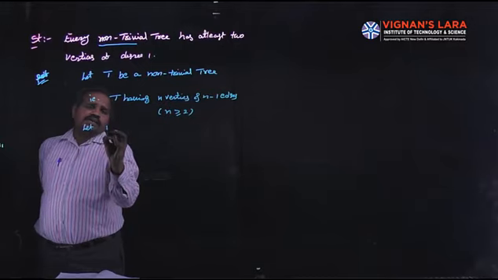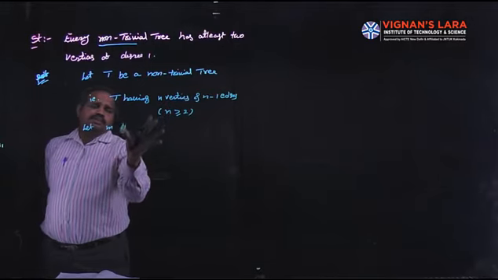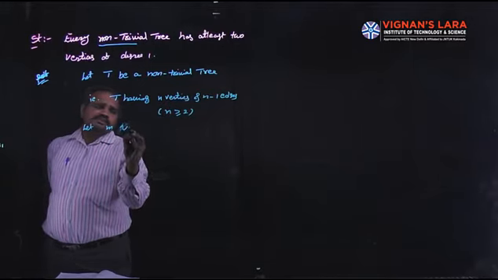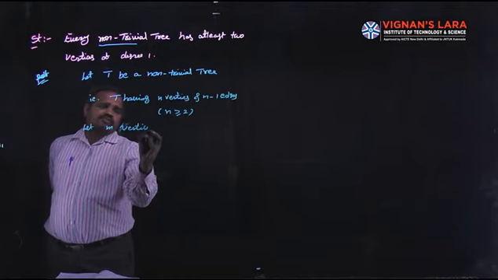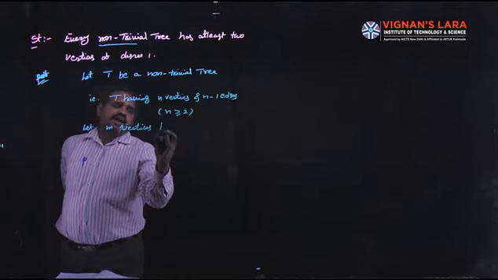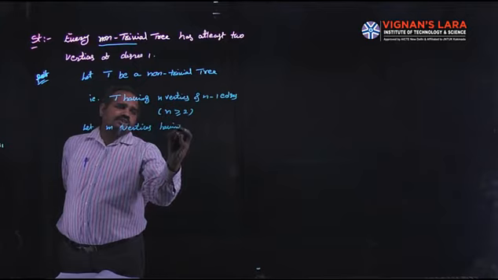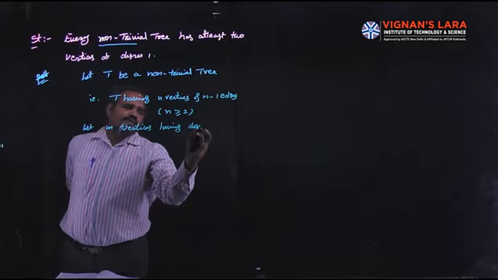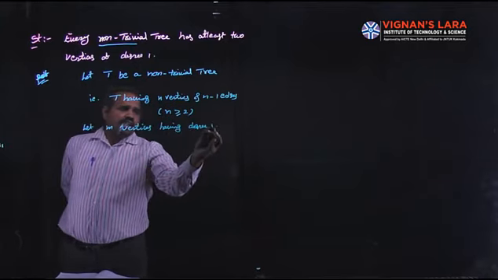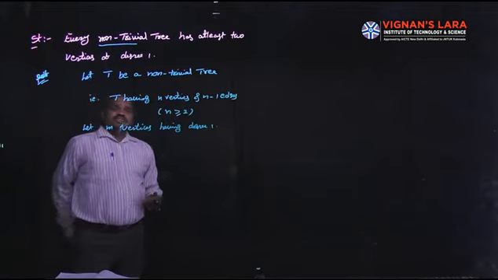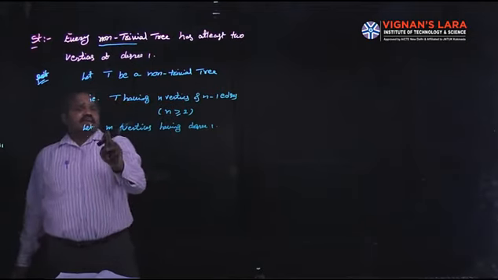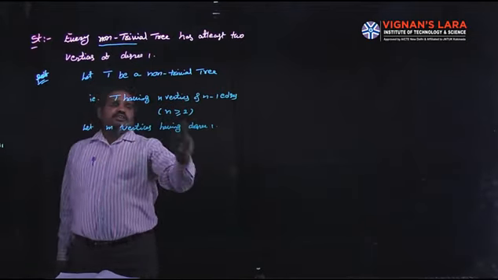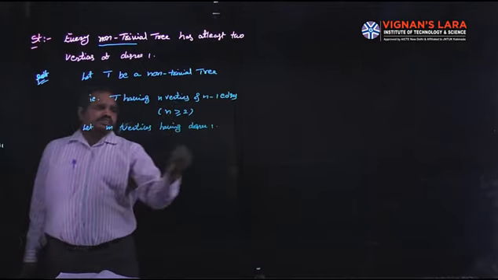Possible, let m vertices have degree 1. So we have n vertices, and among those vertices, m vertices have degree 1. What are the remaining vertices?